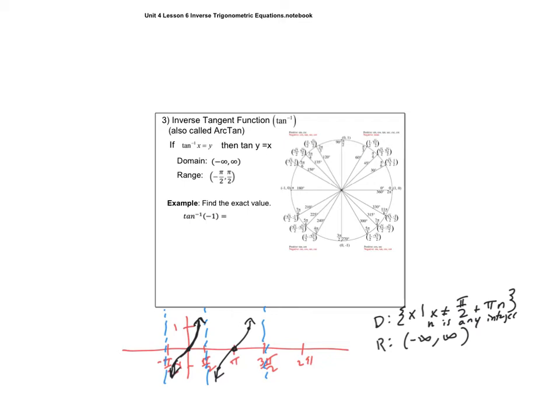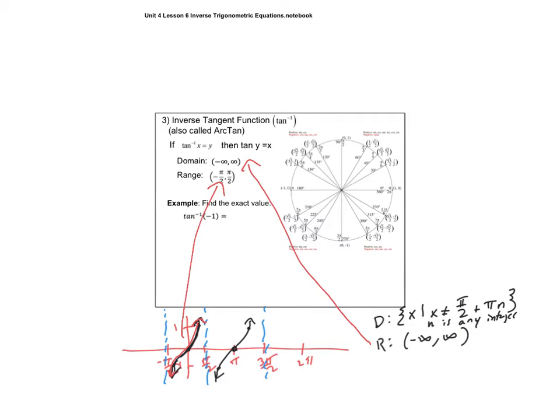So now our range becomes our domain, and our domain becomes our range, but our domain here, remember, is limited, is restricted. So we're going from negative pi over 2 to pi over 2. So we're taking that one for our domain.